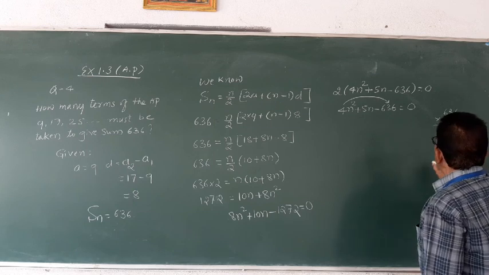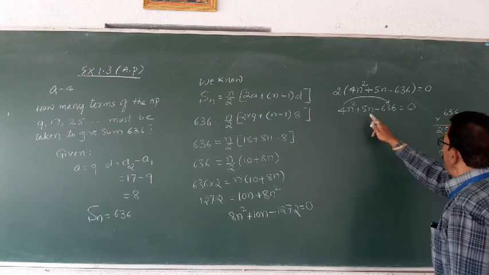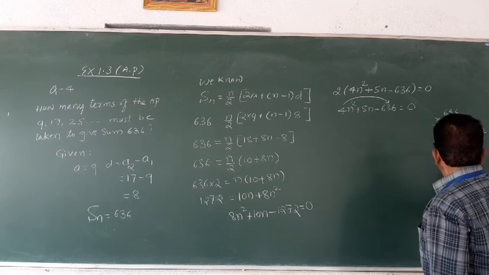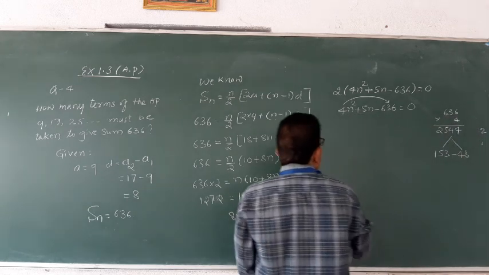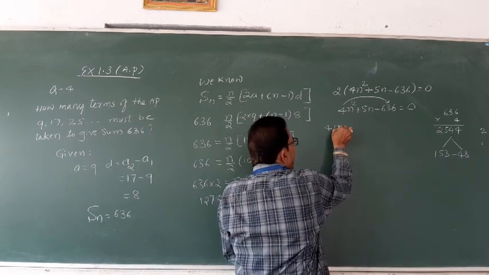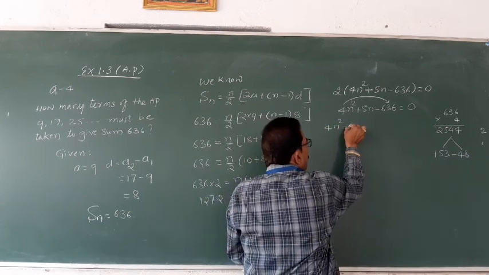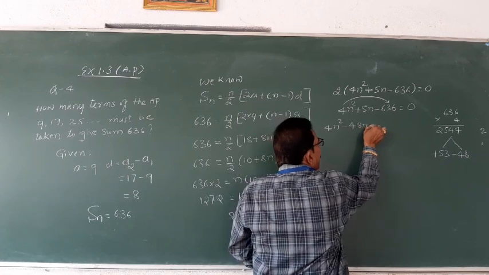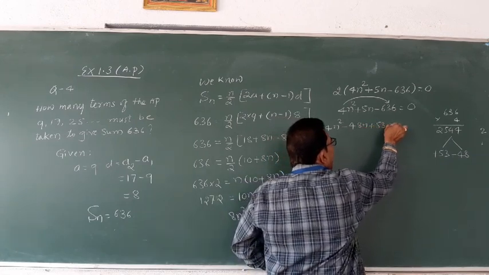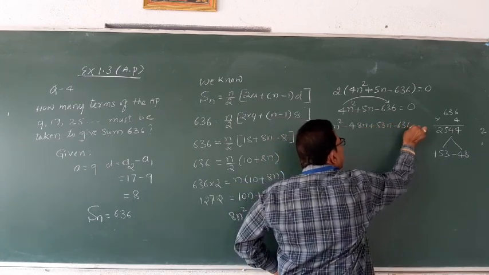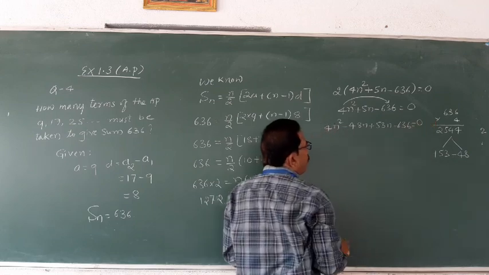So the factors of this term are 53 and 48. The plus is 53 and the minus is 48. So 4n square minus 48n plus 53n minus 636 equals 0.